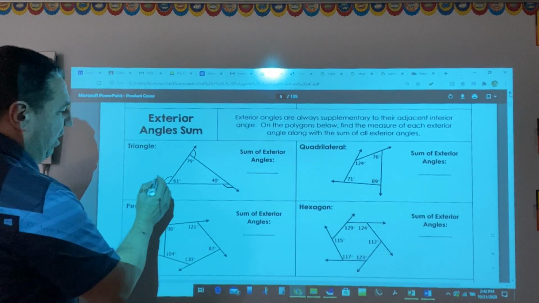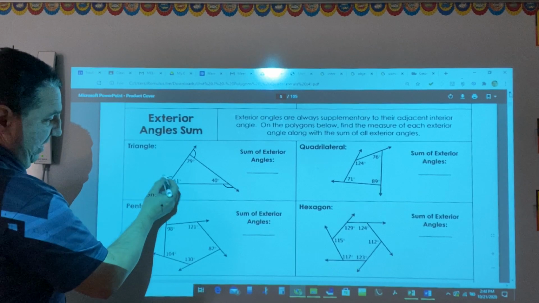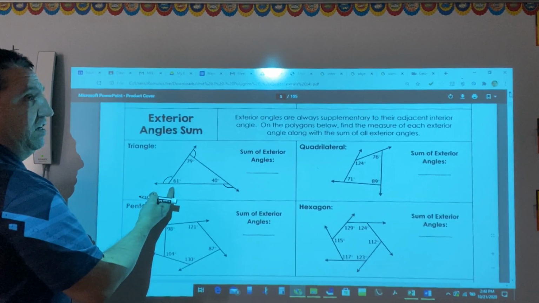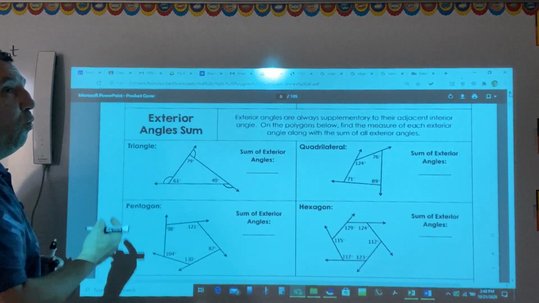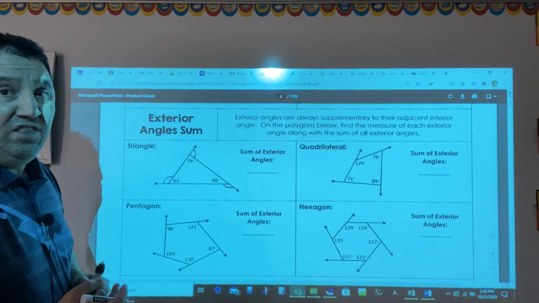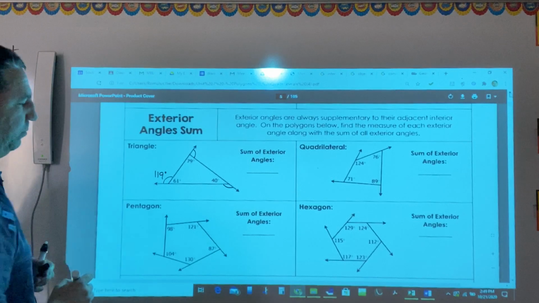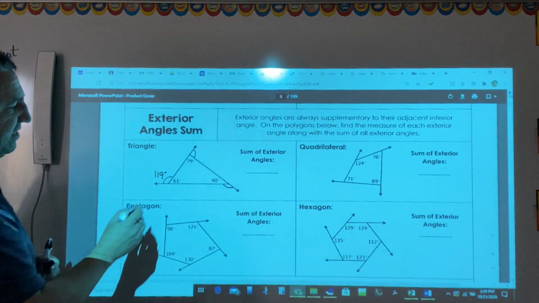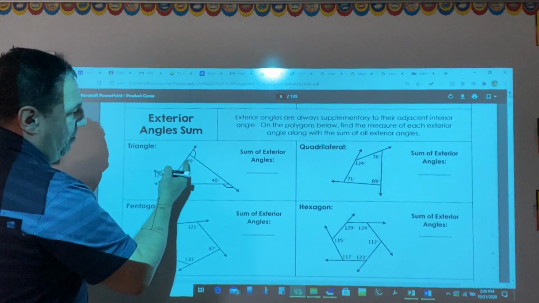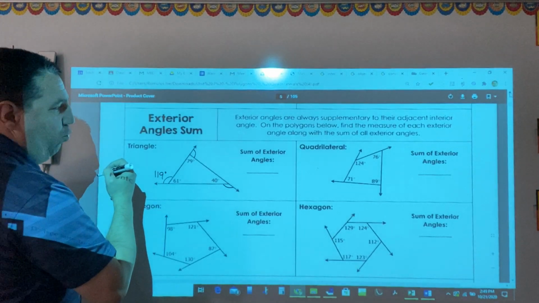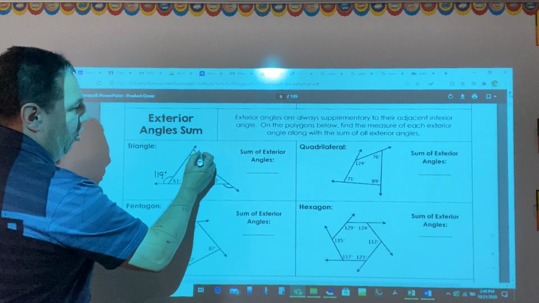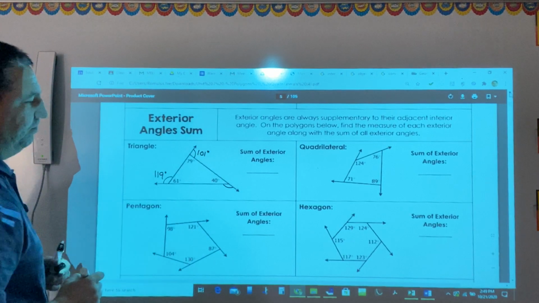Good. So, how do you find this exterior angle? We subtract 61 from 180. Yes? And you'll get 119 degrees. Good. Next, how do you get this one? By subtracting 79 from 180, and you get 101 degrees.